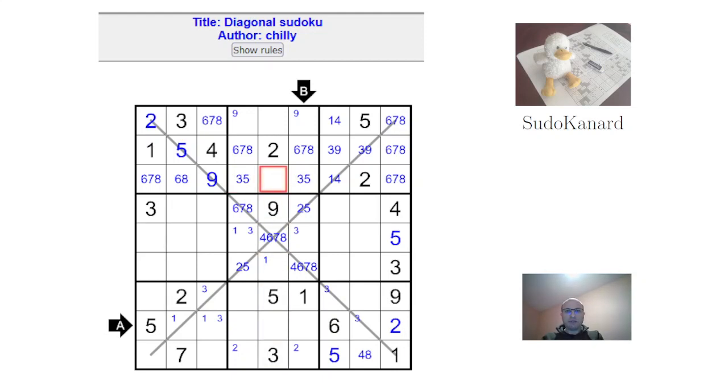So there's a 3, 5 pair here, and this is 1 or 4. Those 5s are paired with those 1s, but I don't think I can do much with that information.